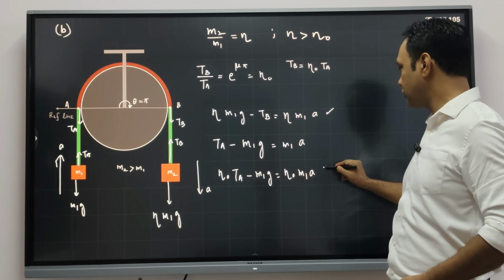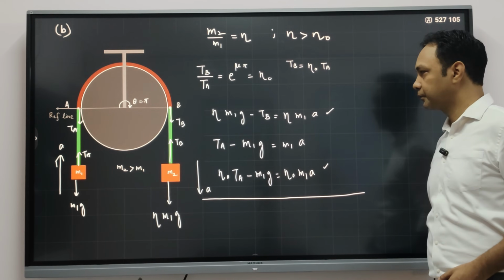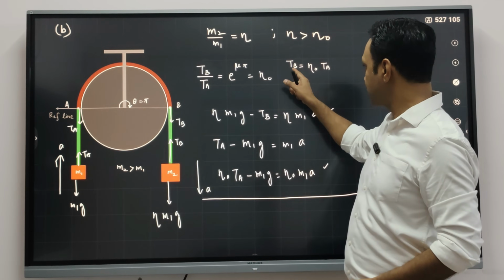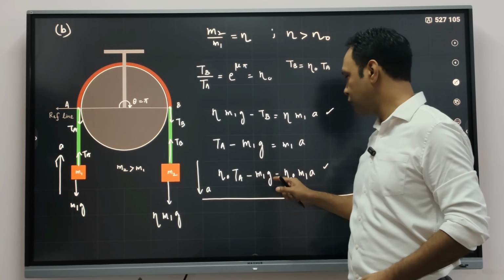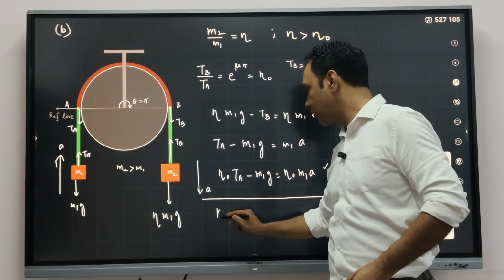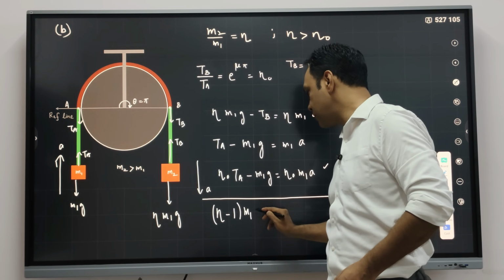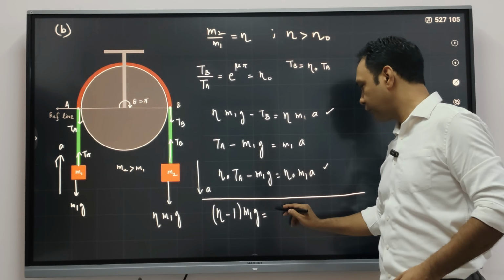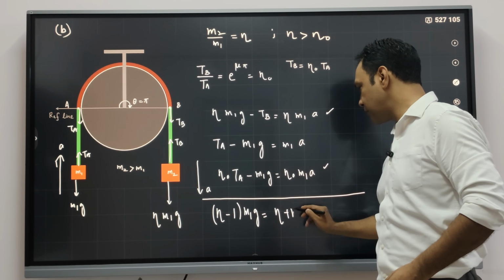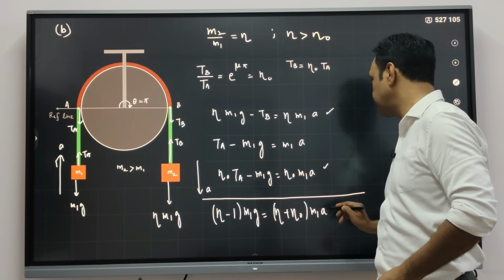Now I just want to add these two equations. You see that TB and eta naught TA get cancelled, and the sum of these two gives me (eta minus eta naught) into m1g, and here the sum gives me (eta plus eta naught) m1a.